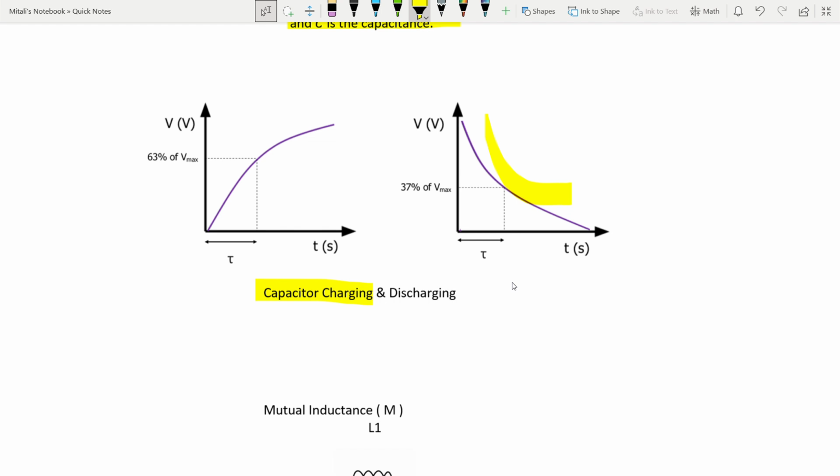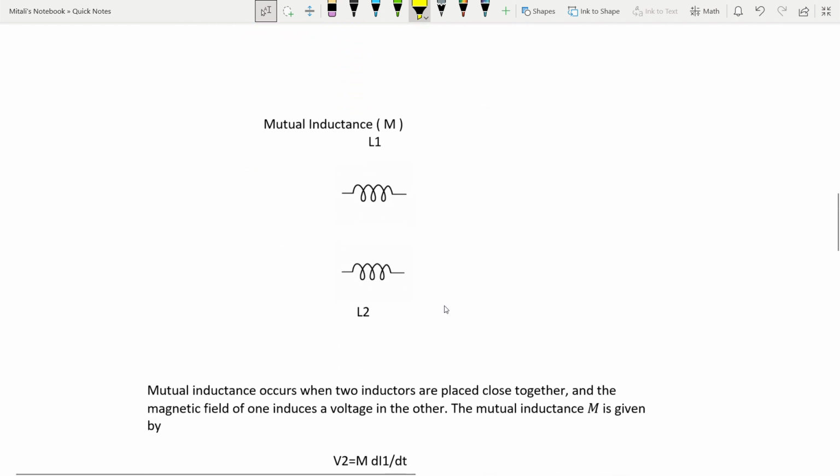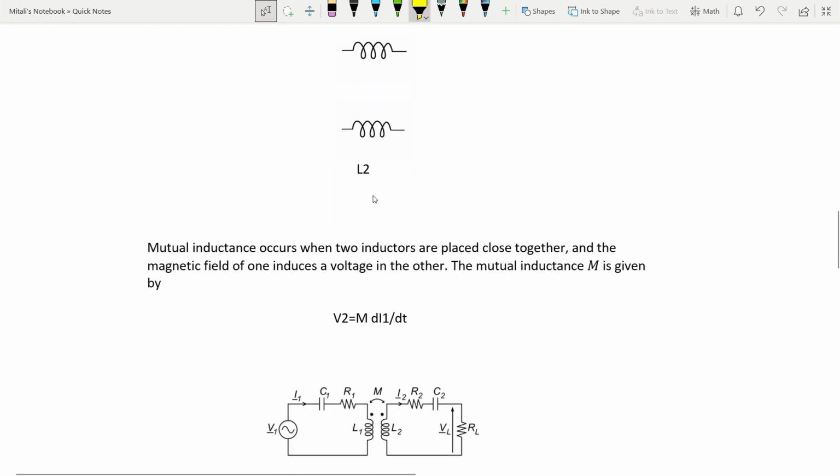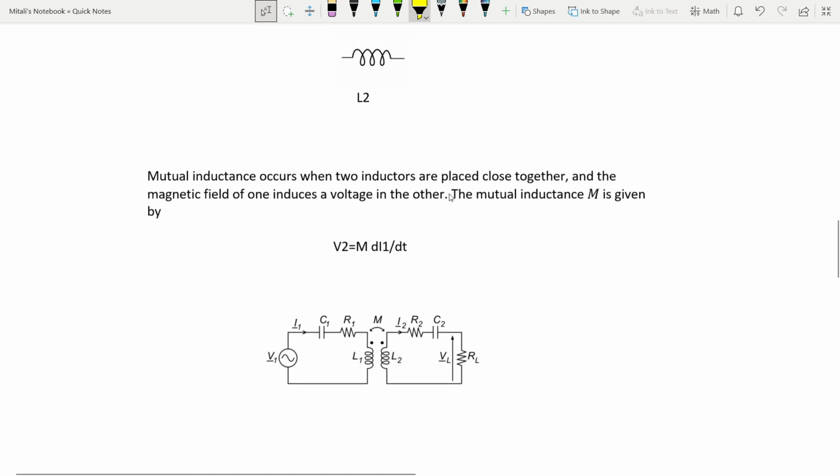Mutual inductance. Next is mutual inductance, symbolized by capital M. Mutual inductance occurs when two inductors are placed close together and the magnetic field of one induces a voltage in the other. The mutual inductance M is given by V2 = M di1/dt. Here di1/dt shows the rate of change of current flowing through L1.